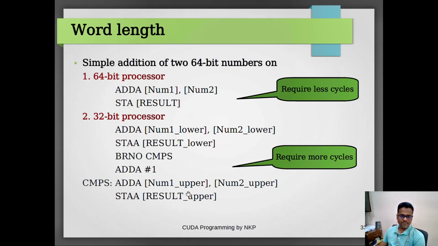So you can see the same addition of 64-bit numbers on a 32-bit processor takes more cycles. This way we see that a higher bit processor is quicker at performing those operations. And typically, it is a very common scenario that we have a 64-bit processor, and that is enough to perform our computations.